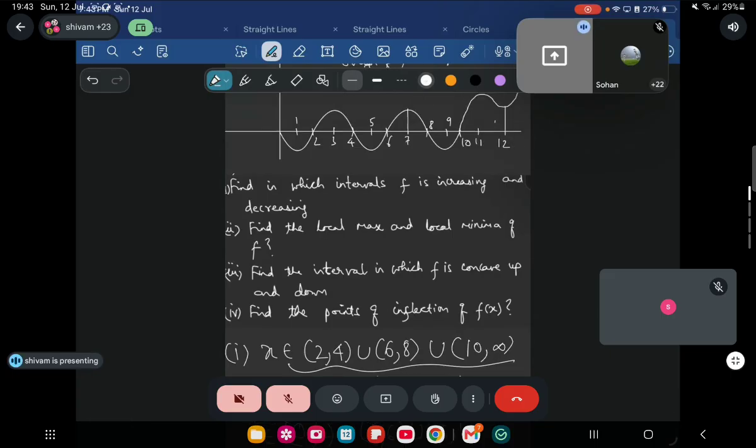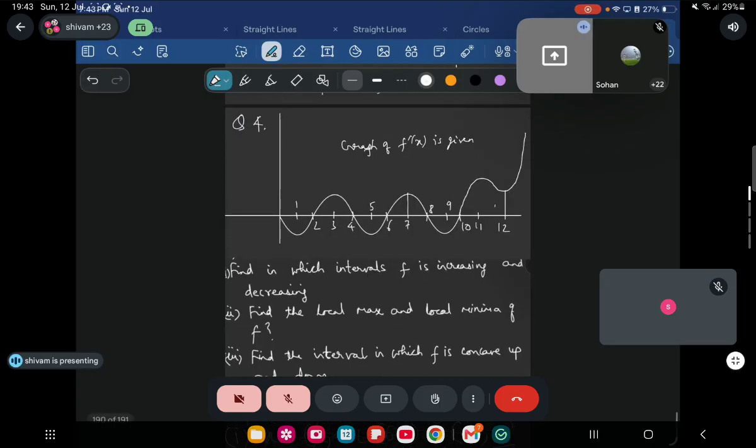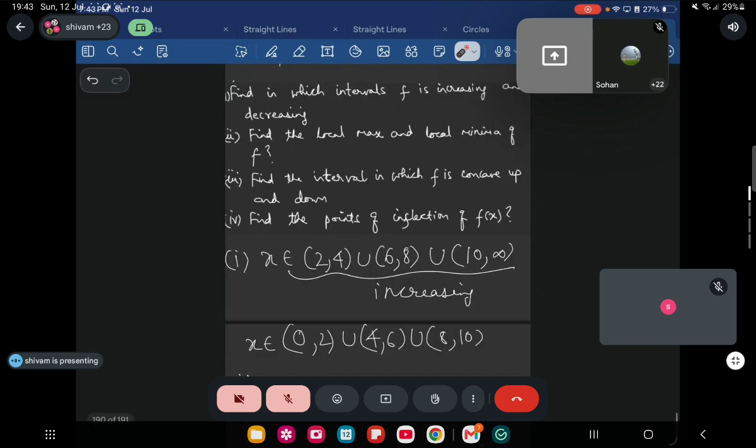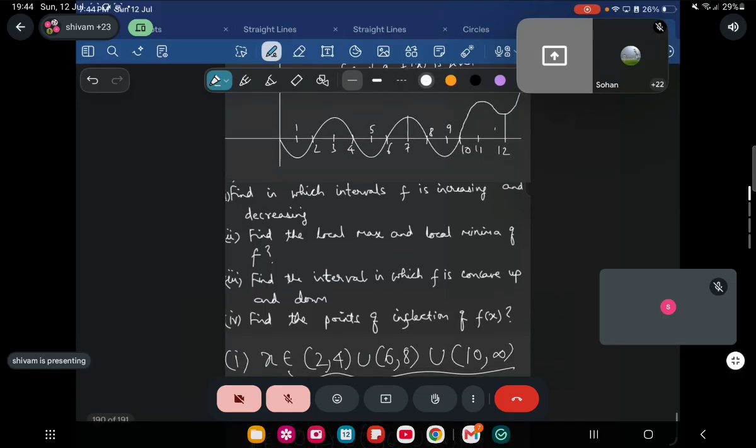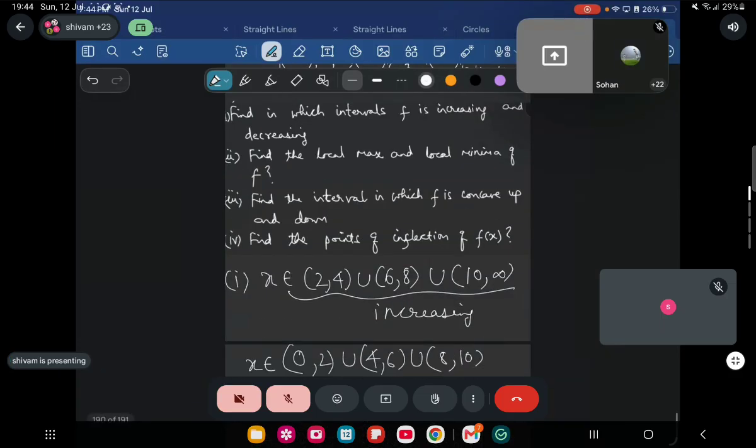Okay, so we need to understand around which points it is changing its sign. Okay, pay attention everyone. See, can you people understand? Around 2, it is becoming from negative to positive. Negative to positive means what? Local minima, right? Wherever it goes from negative to positive, they are local minima. Anyone having any doubt, you can ask me. So local minima are 2, then 6, right?